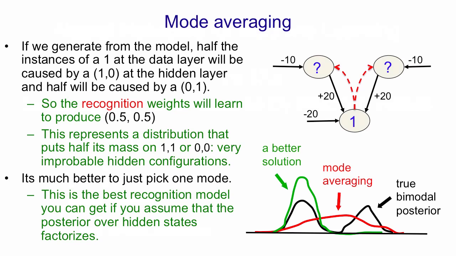And the best solution would have been to pick one of its states and give it all the probability mass. That's the best solution because in variational learning we're manipulating the true posterior to make it fit the approximation we're using. Normally in learning we're manipulating an approximation to fit the true thing, but here it's backwards.